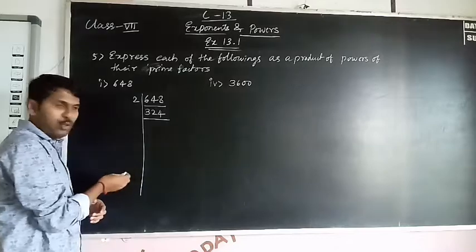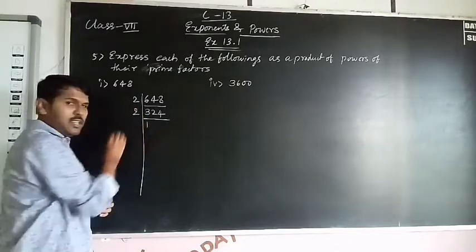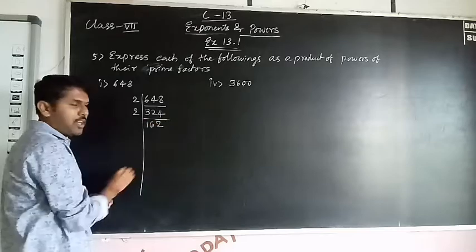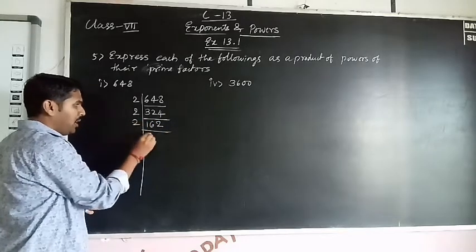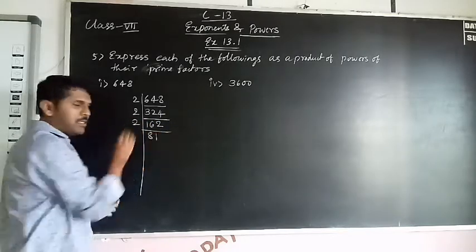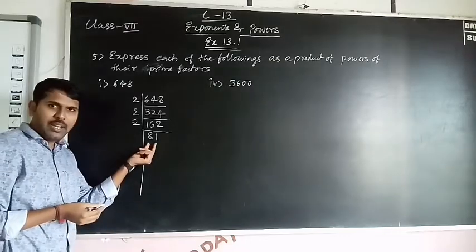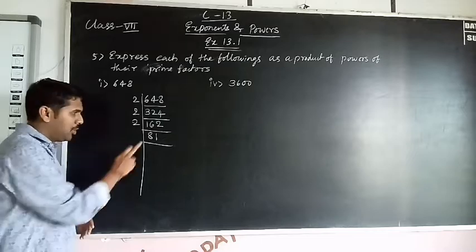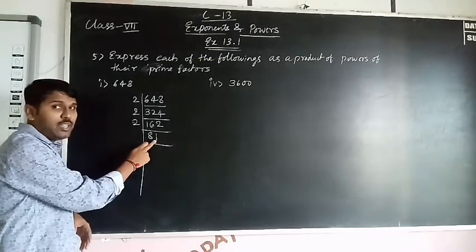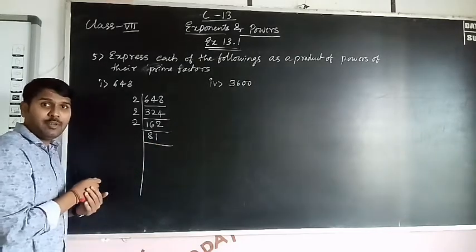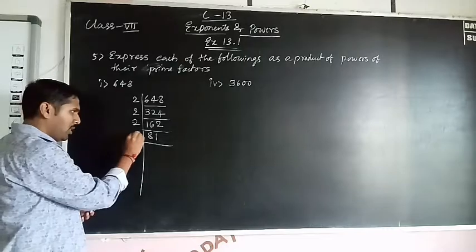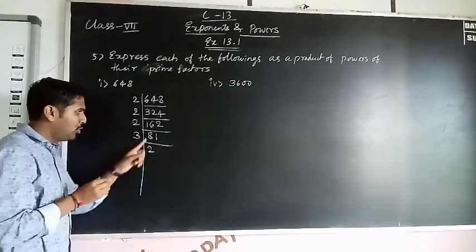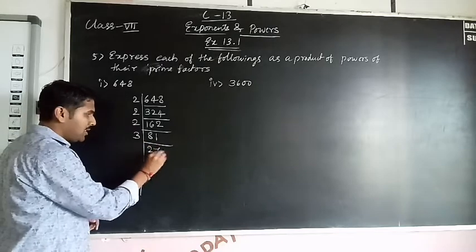Next again 2 1s are 2, 2 6s are 12, 2 2s are 4. Next again 2 8s are 16, 2 1s are 2. So is this divisible by 2? No. So check it for 3, because 8 plus 1 is 9, and 9 is divisible by 3. No need for a divisibility rule, just divide by 3. 3 2s are 6, 2 remains, 21, 3 7s are 21.